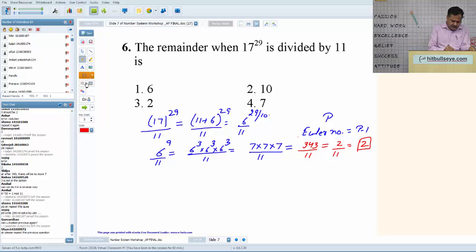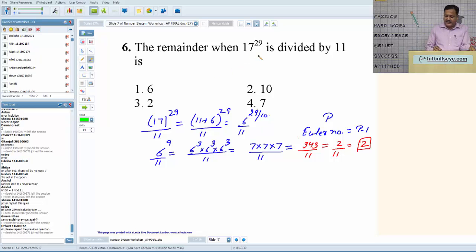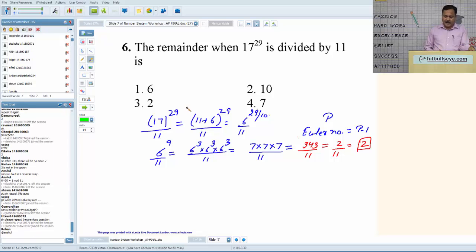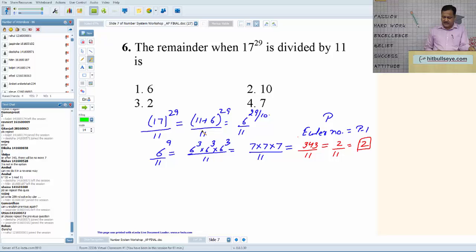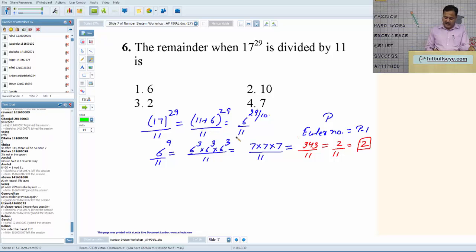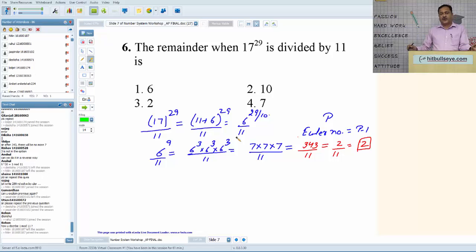The previous question was to find the remainder when 17 raised to power 29 is divided by 11. Now 17 can be written as 11 plus 6, raised to power 29, by 11. Now 11 divided by 11, remainder would be 0. So remaining would be 6 raised to power 29 by 11. Now 11 is a prime number, so the Euler number for a prime number is always the prime number minus 1. So cyclicity of 11, or the Euler number of 11, is 10.